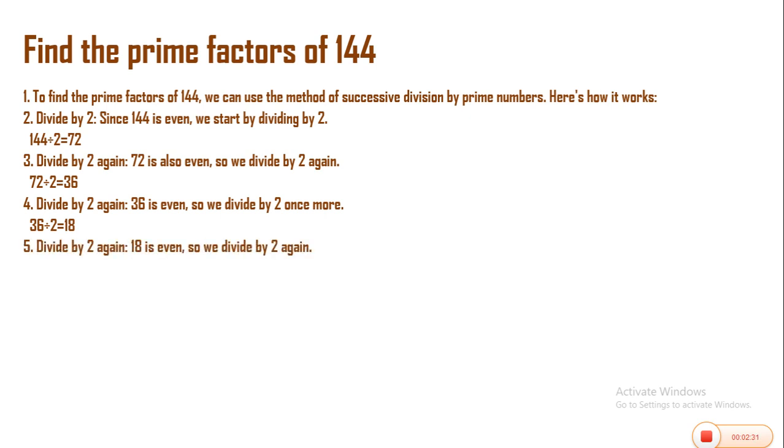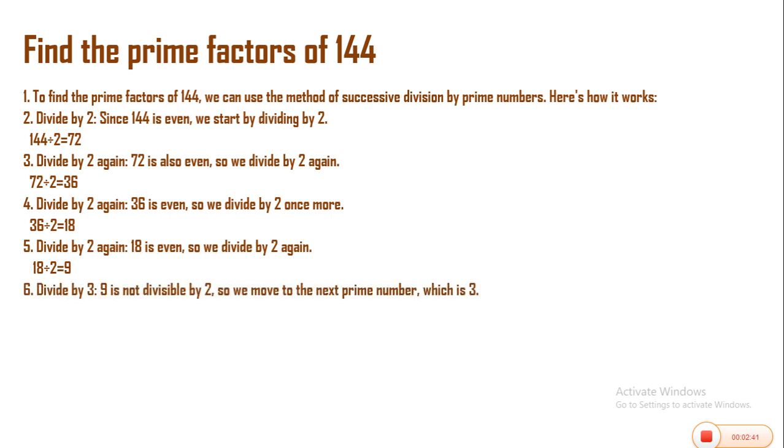We divide by 2 again because 18 is even. So 18 divided by 2 is equal to 9. 9 is no longer even, so 2 cannot divide 9. If 2 divides 9, there will be fractions.